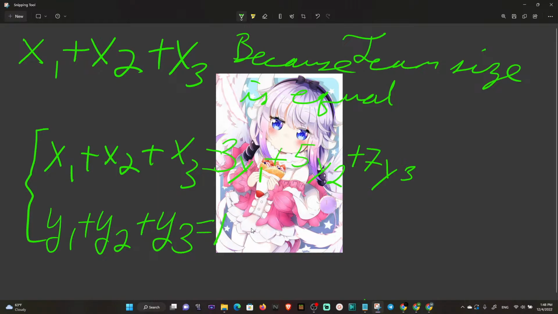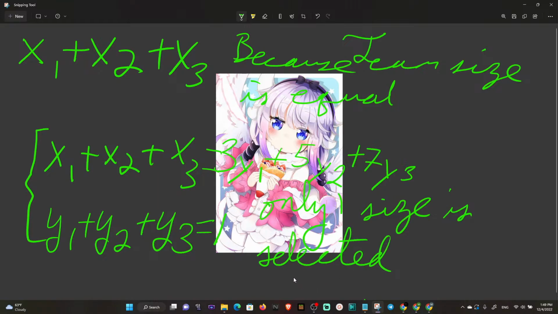Why is it 1? The reason it's 1 is because we need to make sure that only one size is selected. Okay. And that's how you do problem 4. Does that make sense? Yeah.